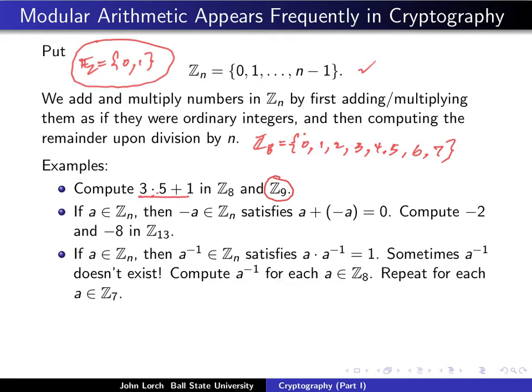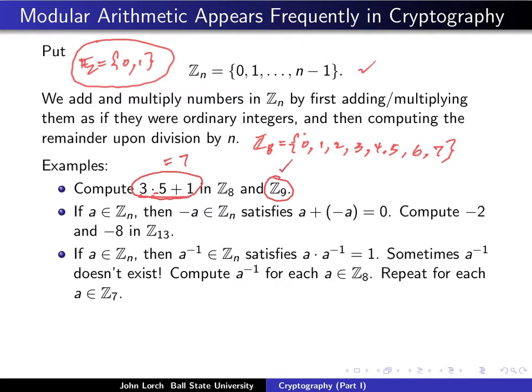To make this computation, I take 3 times 5 plus 1, which again is 16. But now I'm going to divide 16 by 9 and compute the remainder. The remainder there is 7, right? So 3 times 5 plus 1 is equal to 7 in Z9.